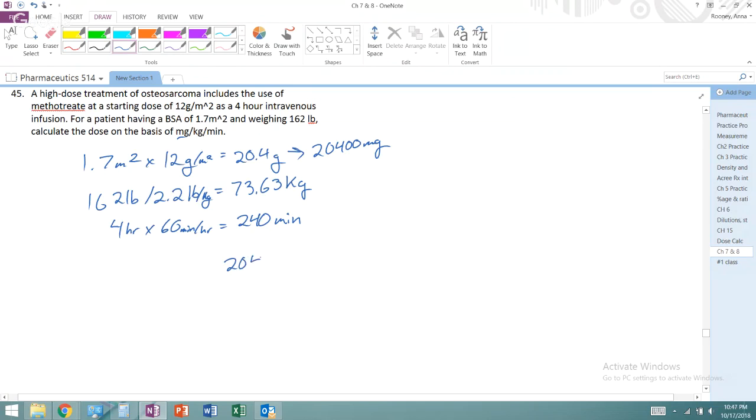So, milligrams per kilogram per minute. Now we enter this all in the calculator.